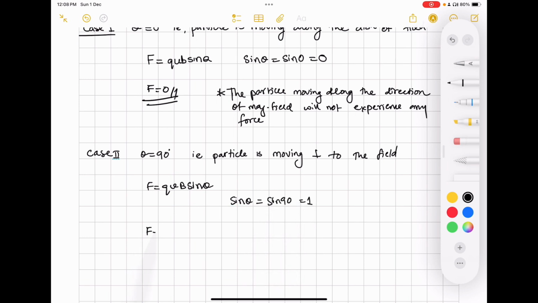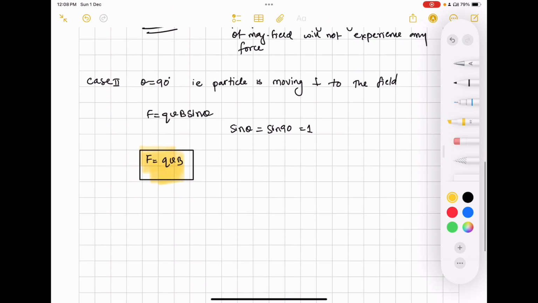So F is equal to QVB. The force experienced by a charged particle moving perpendicular to the field is QVB, where Q is the magnitude of the charge, V is the velocity of the charge, and B is the magnetic field in that region.